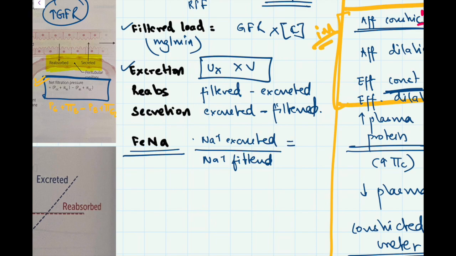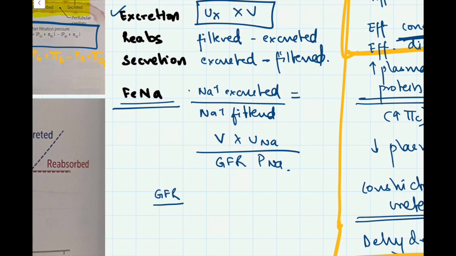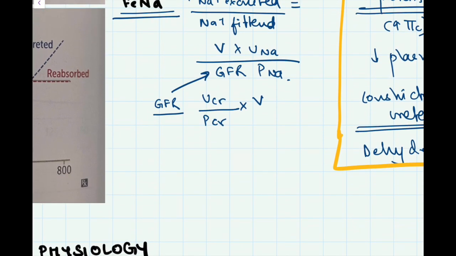And putting in the formula, excretion is V into U sodium divided by GFR into plasma concentration of sodium. Now we know GFR is U creatinine, the urinary concentration of creatinine, upon plasma creatinine, multiplied by V. So we put this value here, and the equation comes out to be V into UNa upon PNa upon U creatinine into V divided by P creatinine.